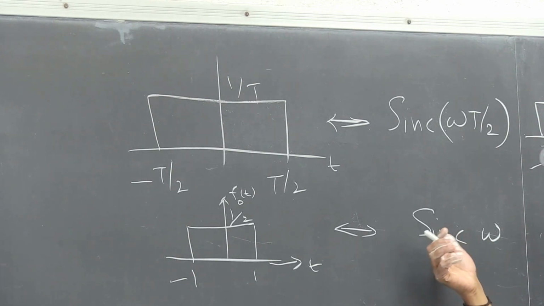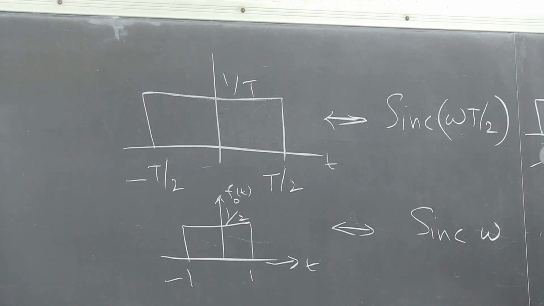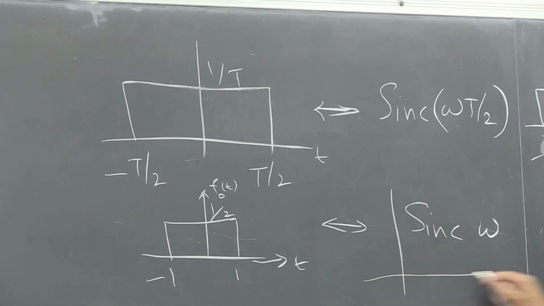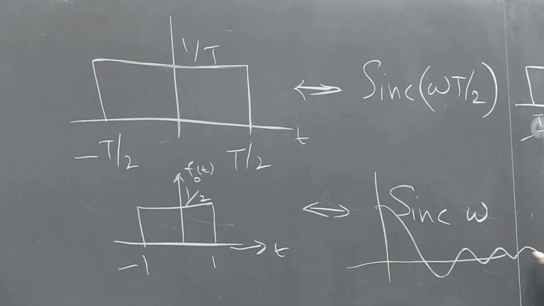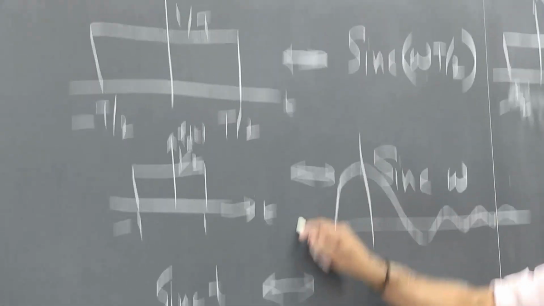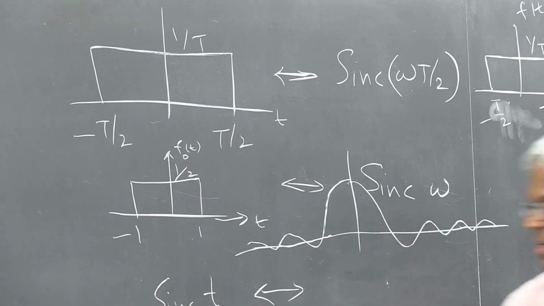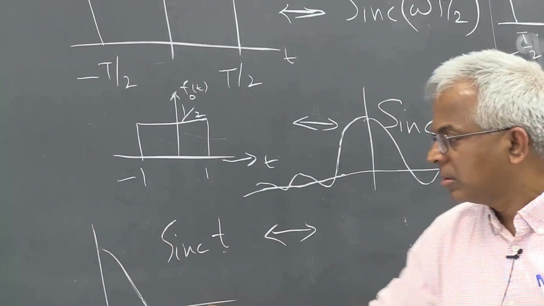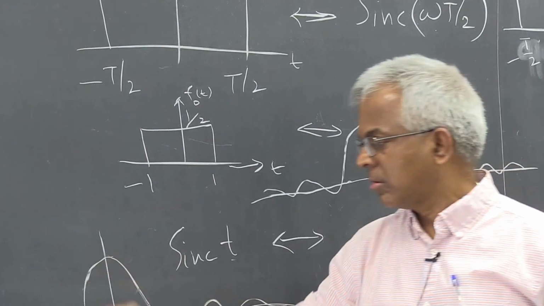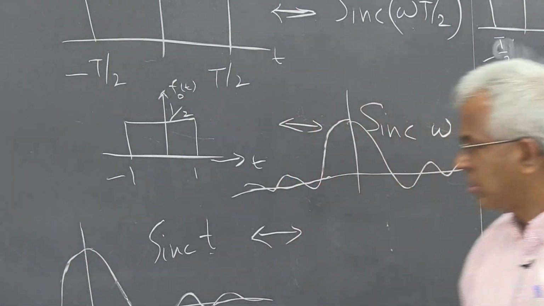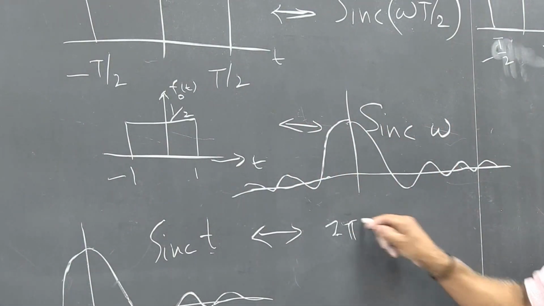We want to bring this shape into the time domain. Remember, sinc omega, of course, looks like this, right? This is sinc omega. So what is the transform of sinc t? Looks like this, right? Minus 2 pi. Why minus?